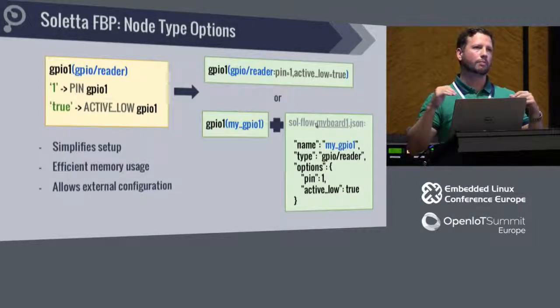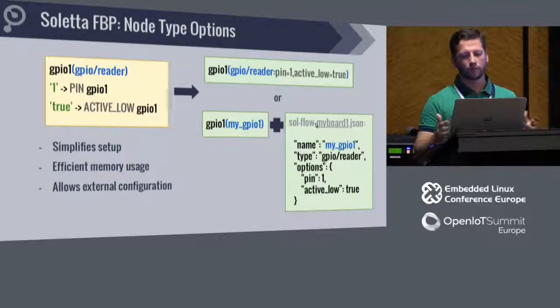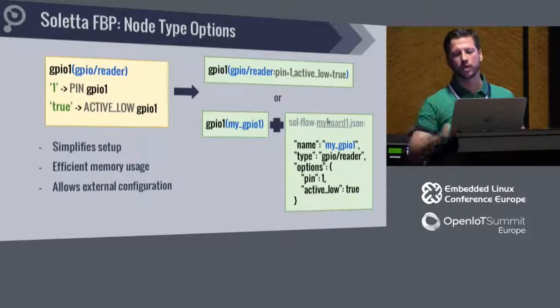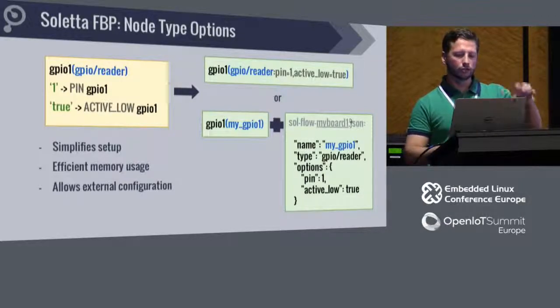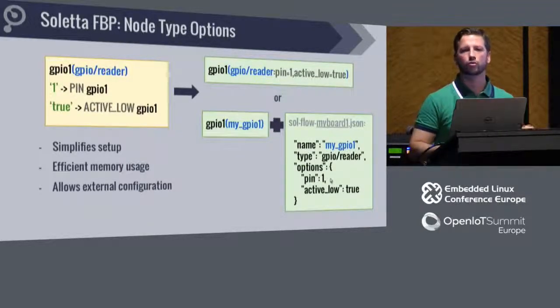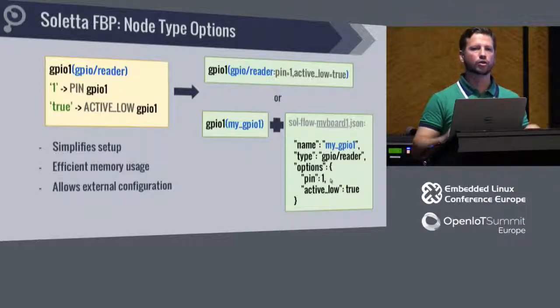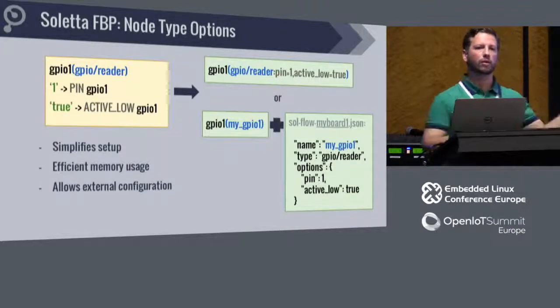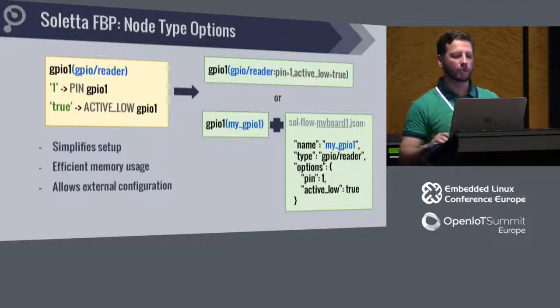The environment variable matched my board one, or the regular expressions matched my board one. Then it will pick the my board one and will look, oh, my GPIO, it is a GPIO reader with pin set to 1 and active low set to true. Okay, so you don't need to change your FBP at all. You just reuse your FBP with different configuration files.